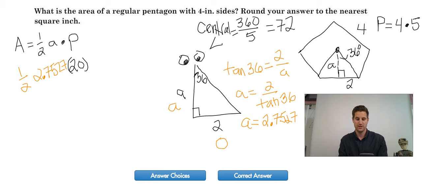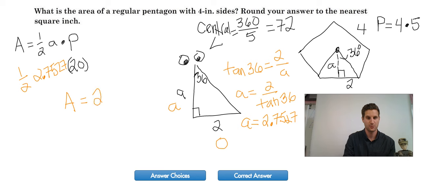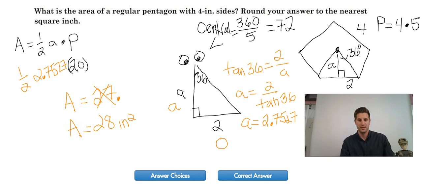Times it by 20, divide it by 2, and our area for this pentagon is going to be about 27 point. We're going to round to the nearest square inch. So I would actually round this to 20.7. It's 5.2, so I'm actually going to round that 0.5. We'll round up to 20.8, and that's going to be square inches. So that would be my better answer there, not that one. Okay?